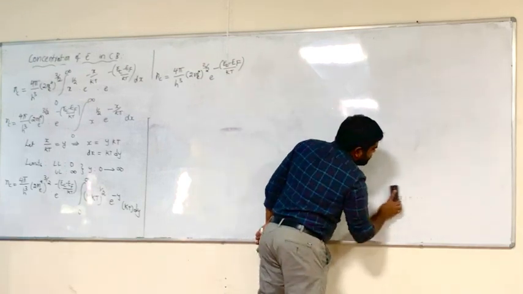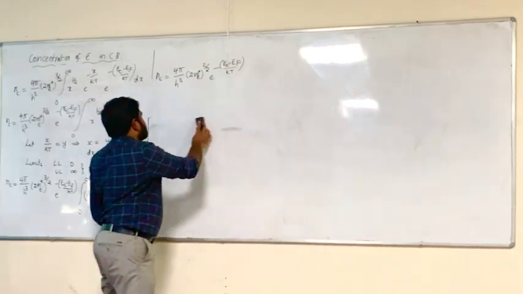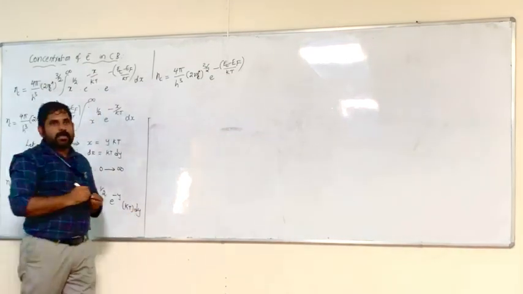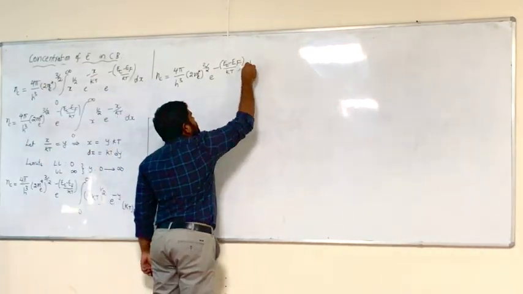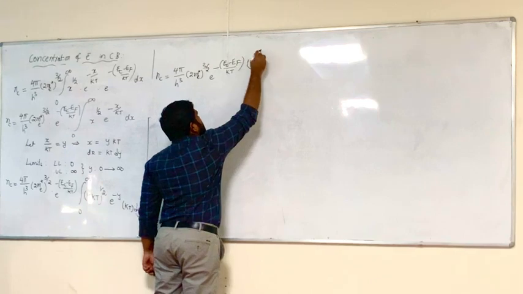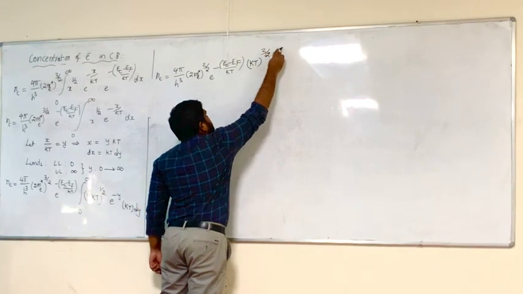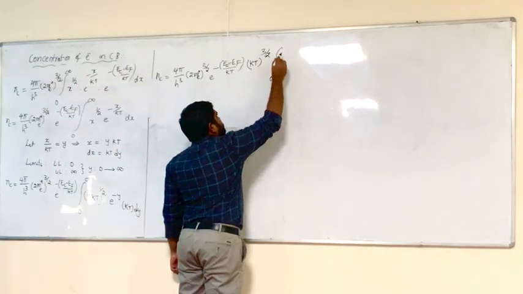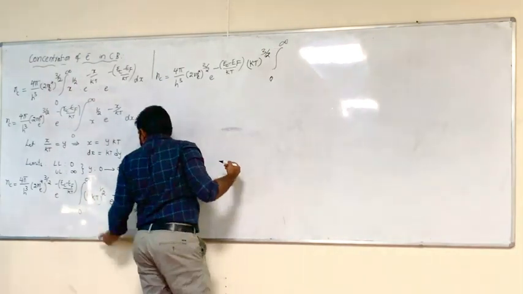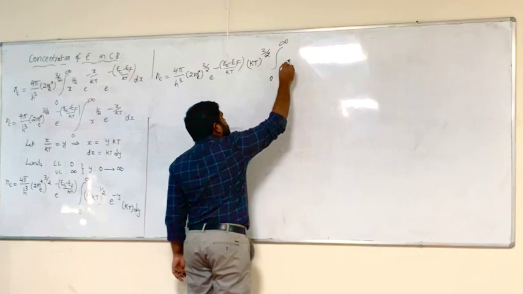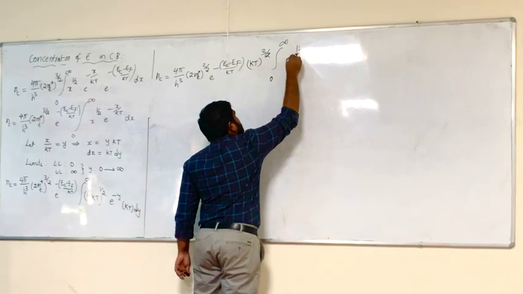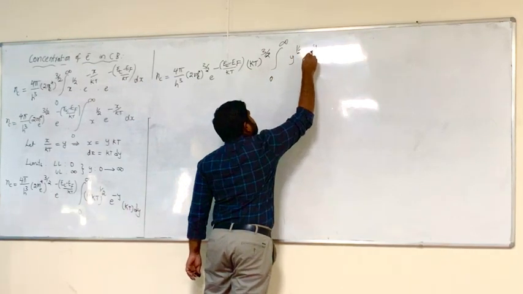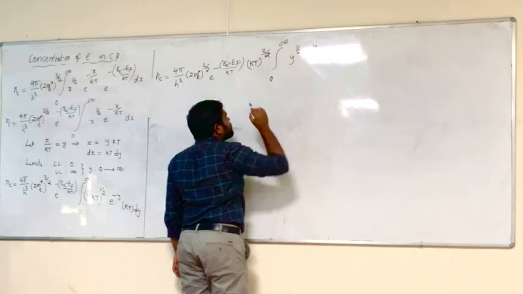After that you perform the integration. You know the integrations anyway. So kt to the power 3 by 2 is another constant coming out. Then in the integral what is there? 0 to infinity, y to the power 1 by 2 e to the power minus y dy.